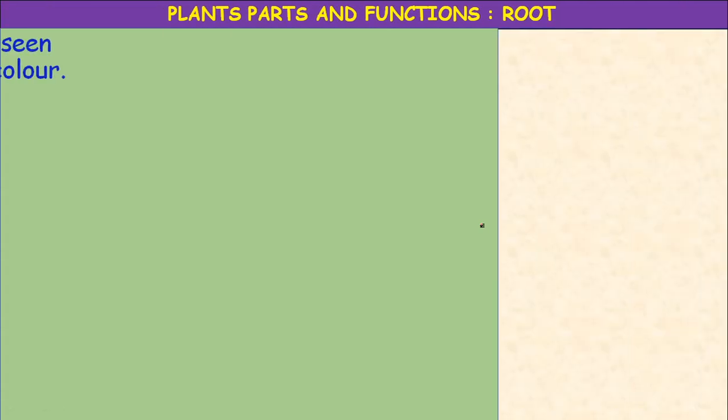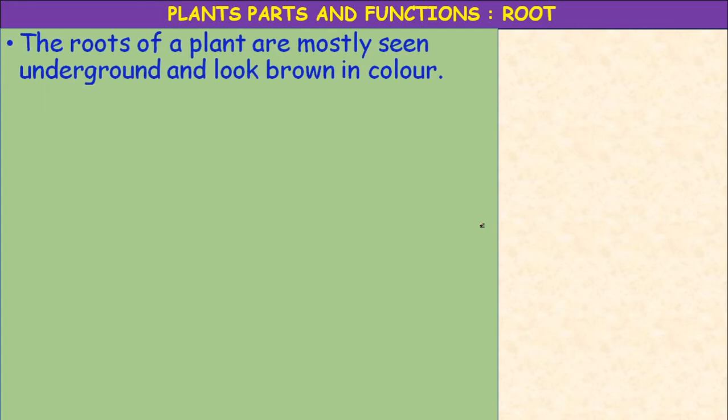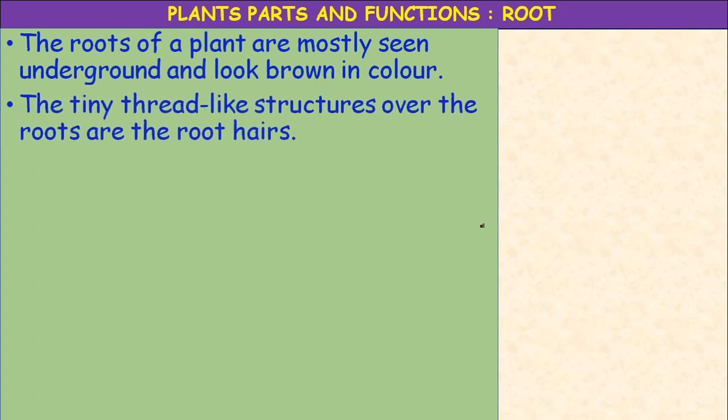The first one, root. The roots of the plants are mostly seen underground and they look brown in color, isn't it? Try to pick out a plant and observe the roots, how they are.